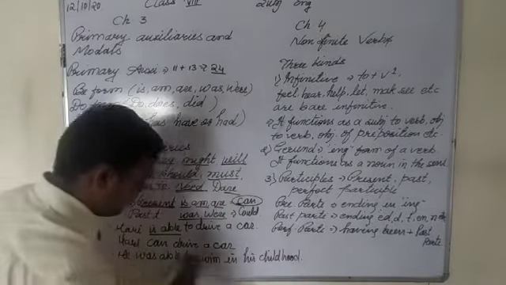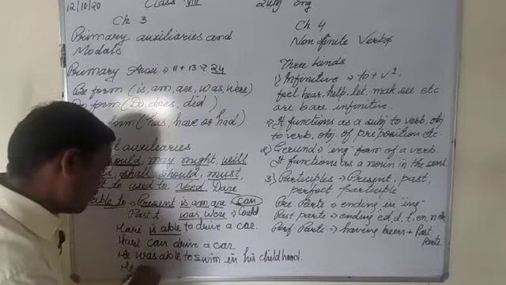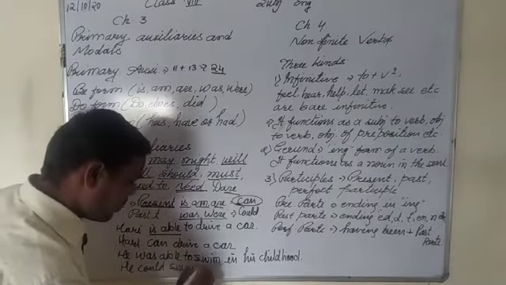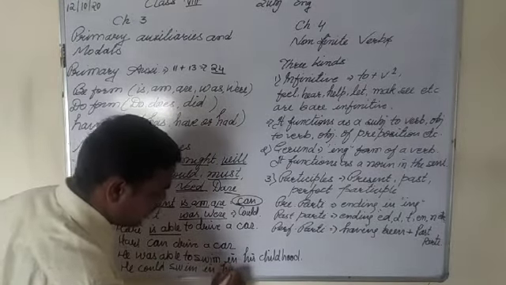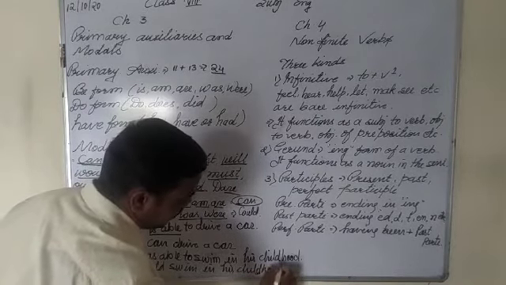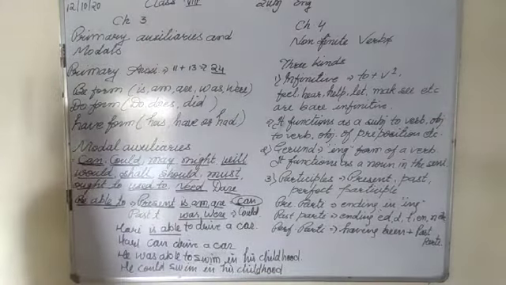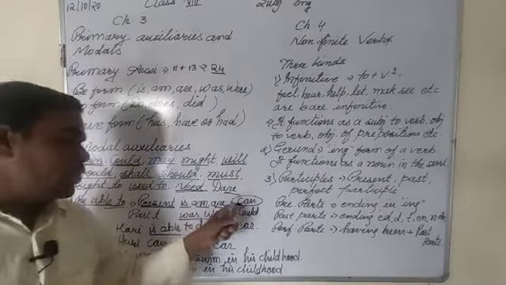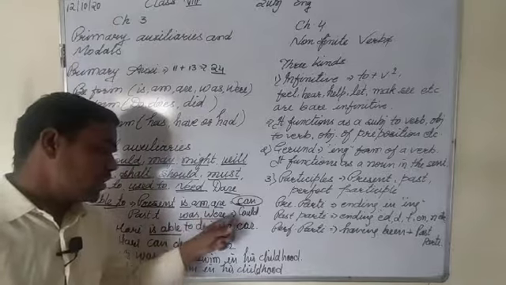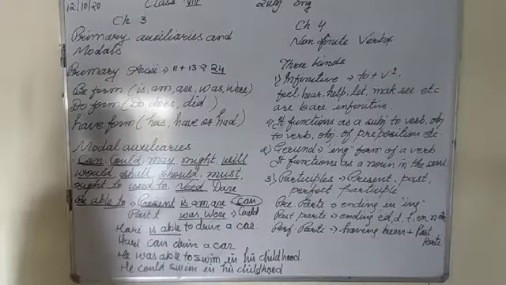We can say he could swim in his childhood. I hope you have understood very well the use of be able to. As a present, we will use can in place of is, are. As a past, in place of was, were, we will use could.